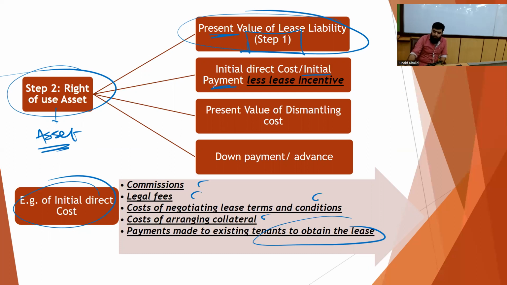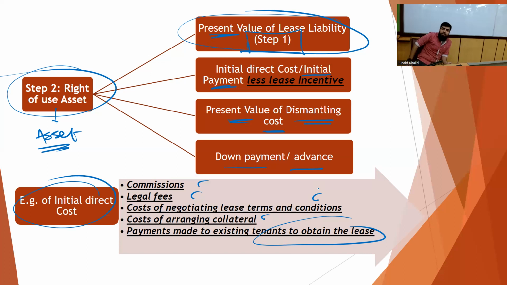Third component is the present value of dismantling cost. What if you have installed that right of use asset, and you know that after 5 years you need to dismantle, you need to remove that asset? So you have to calculate the present value of that dismantling cost, and add it in the value of the right of use asset. Any down payment or advance you made would also become part of your right of use asset.